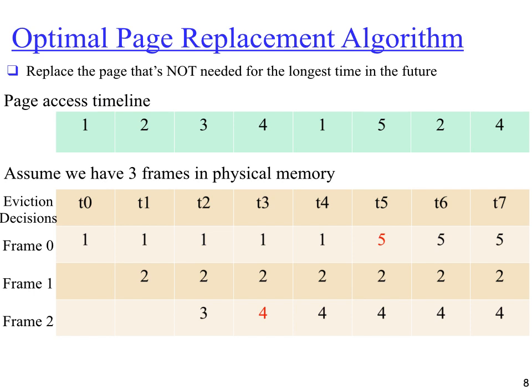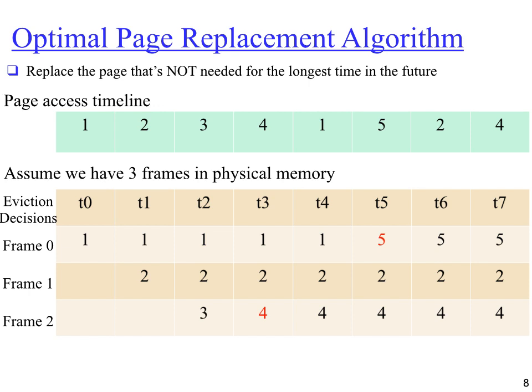So we see that 1 is needed at time t4 and 2 is needed at time t6, whereas page 3 is not being accessed for the rest of the process lifetime. So we choose page 3 as the victim. So 3 is evicted and 4 is brought into the main memory.